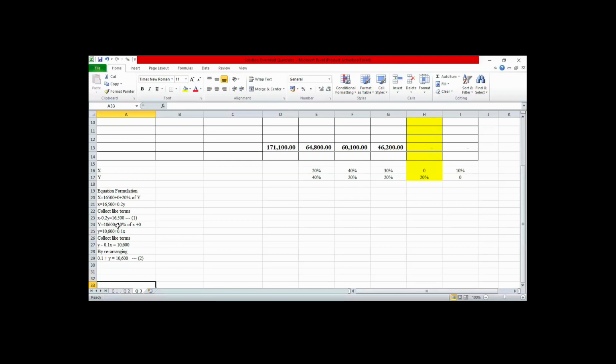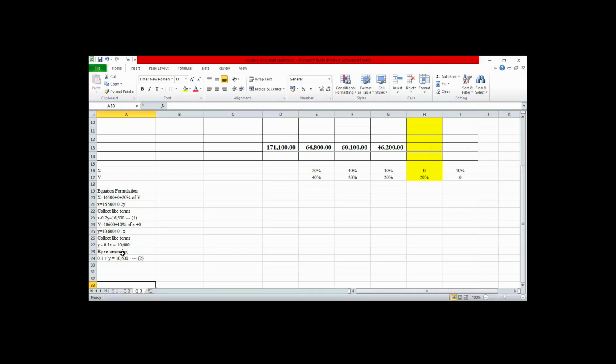The 0 has no value, throw it away. At the end of the day, we have Y equals 10,600 plus 0.1X. Collect like terms: Y minus 0.1X equals 10,600.